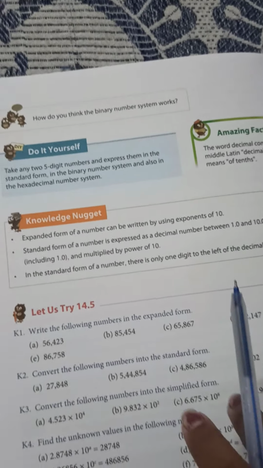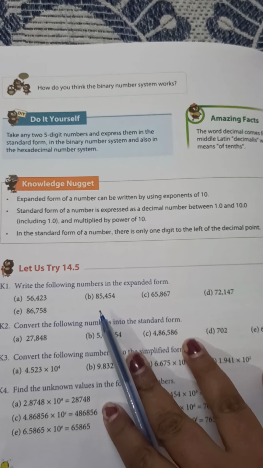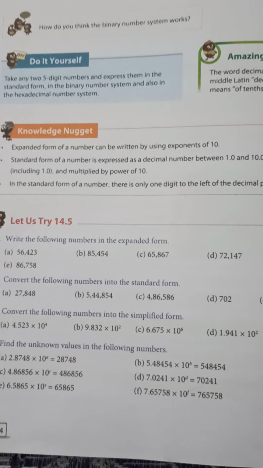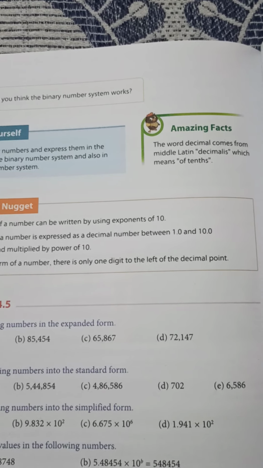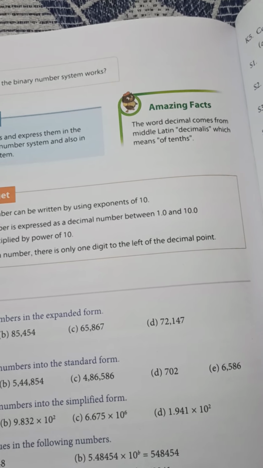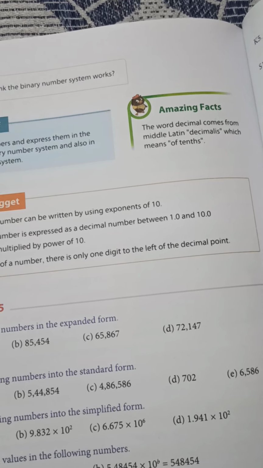Few things are given here: what do you think about binary? How do you think the binary number system works? One, the main thing is that the word decimal comes from the Middle Latin decimalis, which means of tenths, right?